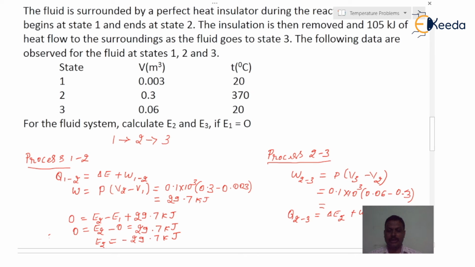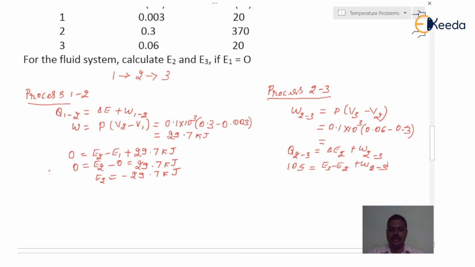Here Q2 to 3 is given as 105 kilojoules of heat interaction, and delta E is E3 minus E2, plus W2 to 3. In place of W2 to 3, let us substitute, and we will have directly the value of E3.